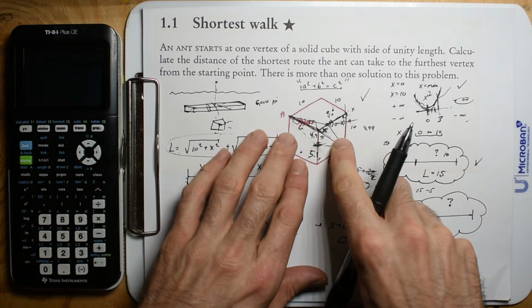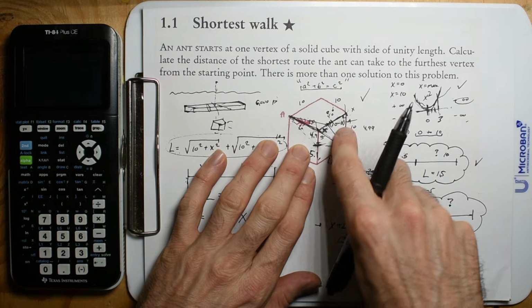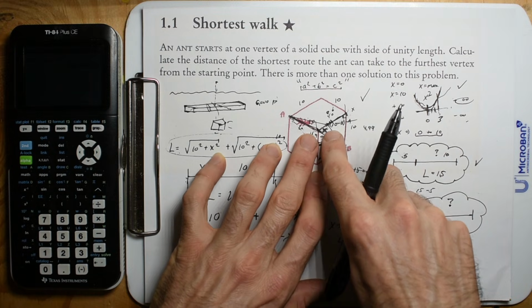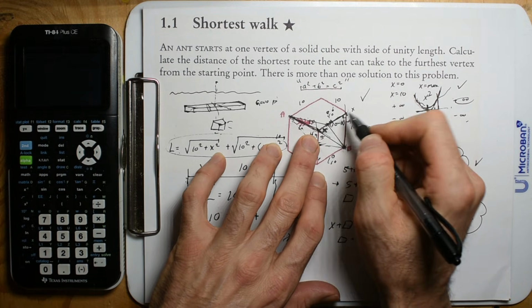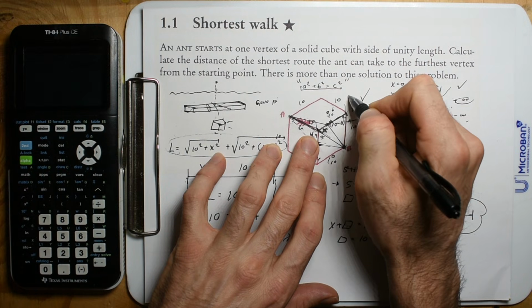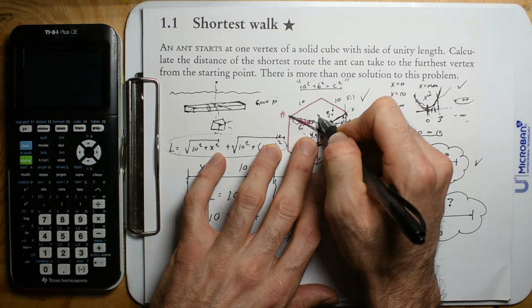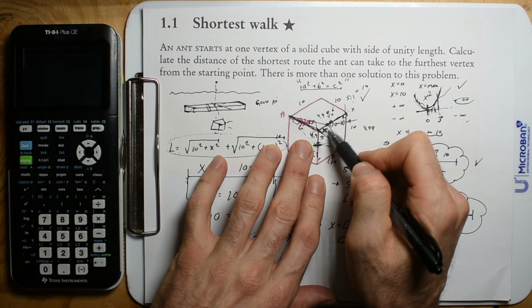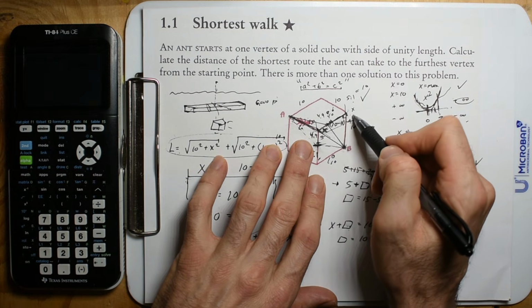Even for me, I don't see the connection at first. But let's say 4.9 is x. What is this? That's going to be 10 minus 4.9. Oh yeah, 10 minus 4.9 is 5.1. So I'd have 4.9 and 5.1, both of those add up to 10. So this equation jives.